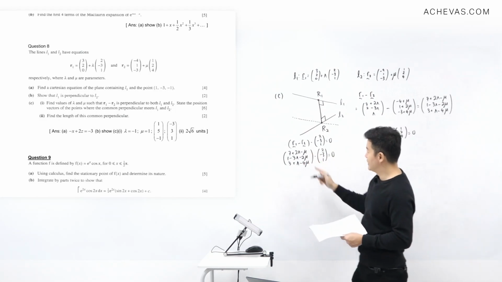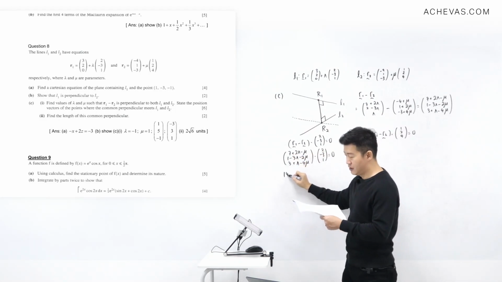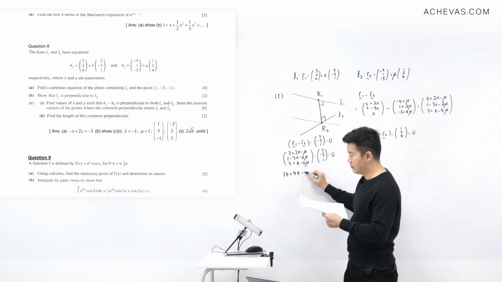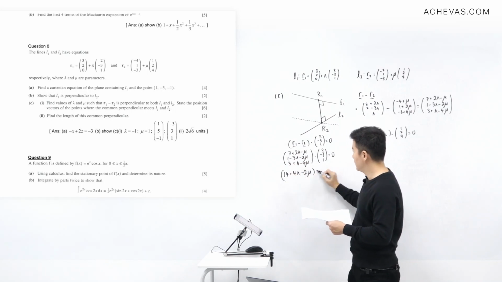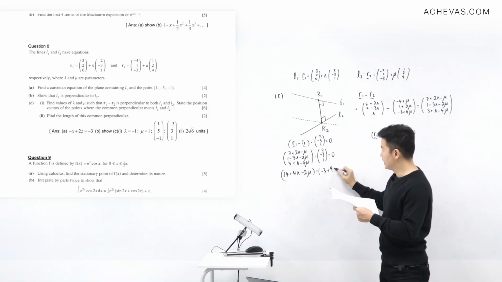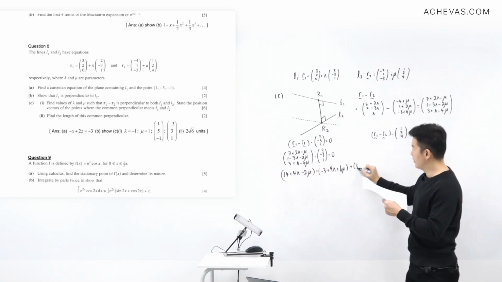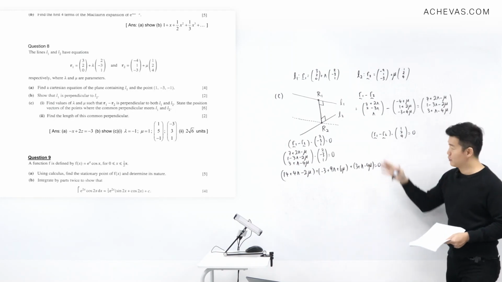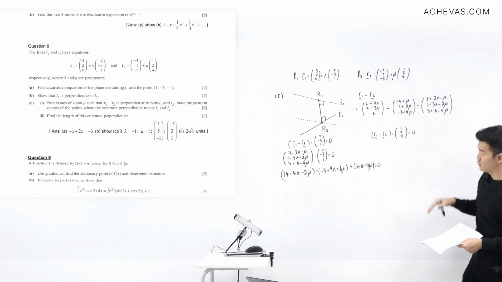Let's expand this. So this times this, we will have 14 plus 4 lambda minus 2 mu. Then we will have this times this, which is minus 3 plus 9 lambda plus 6 mu. Then this times this will be 3 plus lambda minus 4 mu. This is equal to 0, and I'm running out of space. Okay, I'm going to erase this and shift this over in a short while.